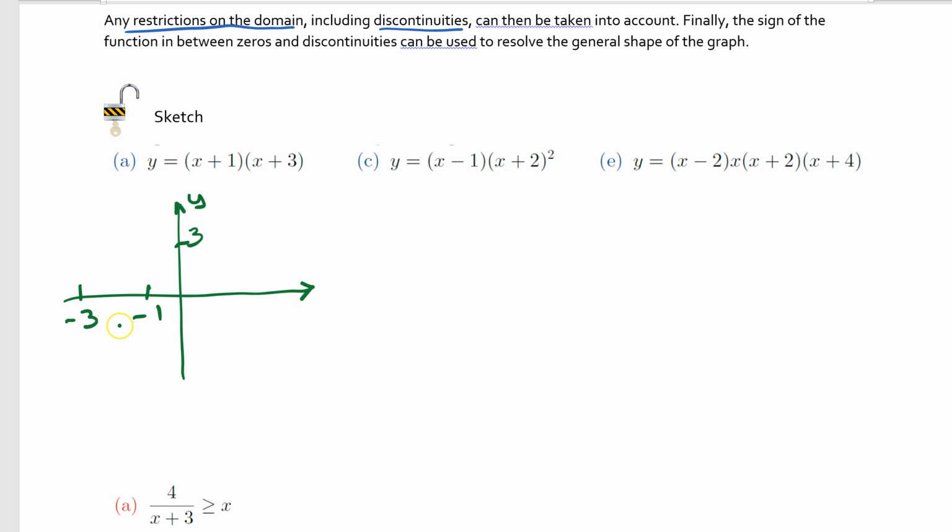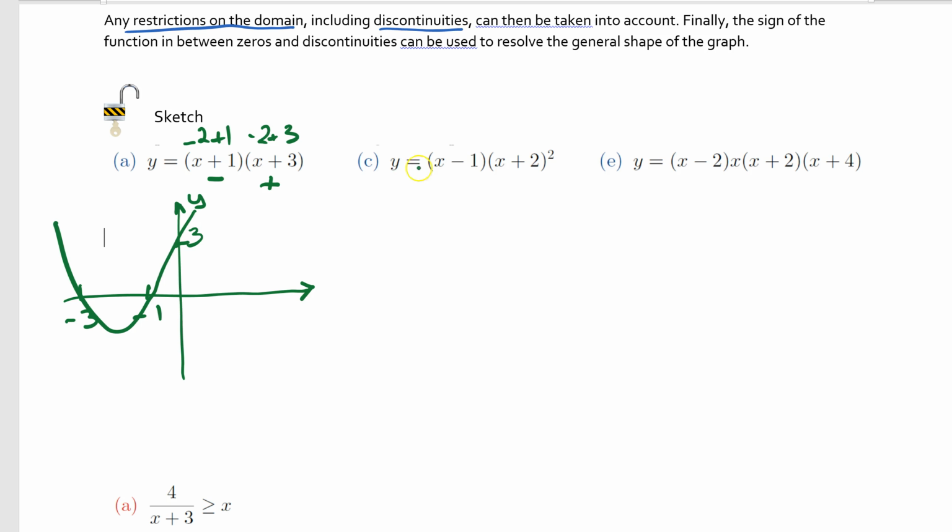So if I took -2, for example, which we know is the x-coordinate of the vertex, and I put -2 plus 1 and -2 plus 3, without even working it out, this bracket is negative, this bracket is positive, and a positive times a negative is a negative, so we know we're below the axis here, and we must be above it on the other sides. A bit of overkill there, but it demonstrates the technique with an example that we know the result of.